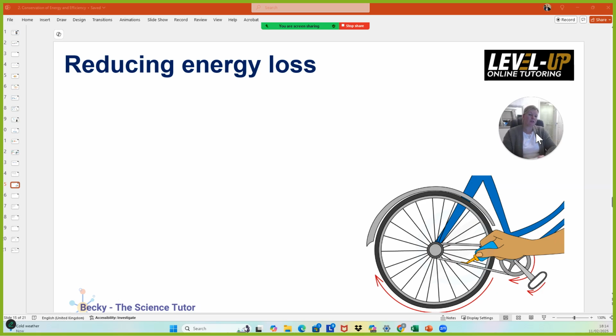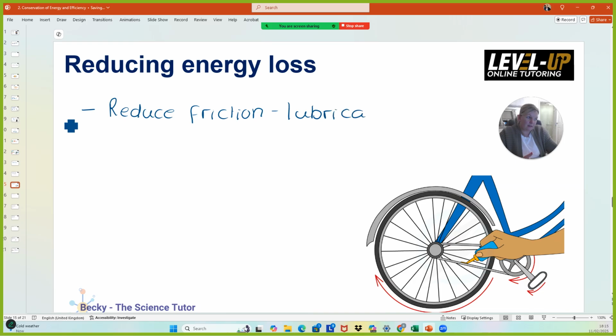Good, yes. Lubrication, absolutely. So if we use lubrication, we reduce the friction, and we reduce that heat loss. Brilliant.